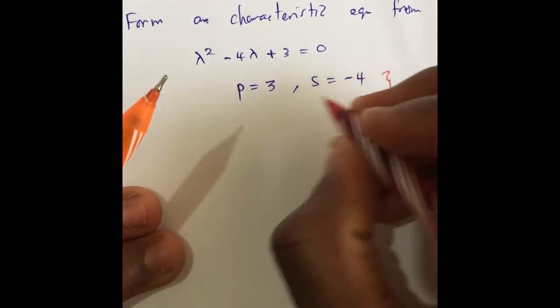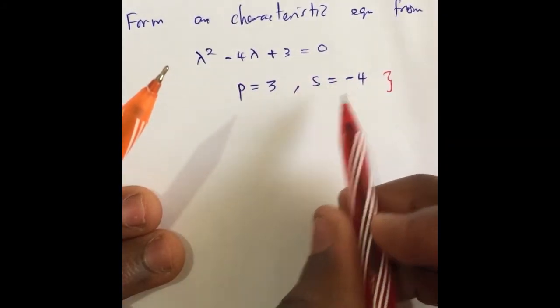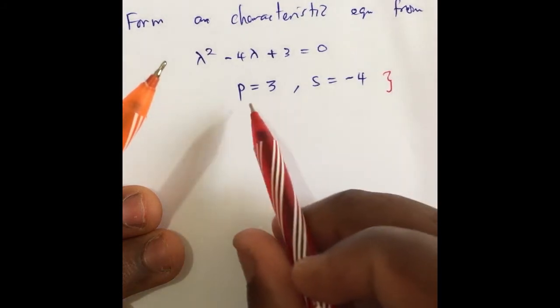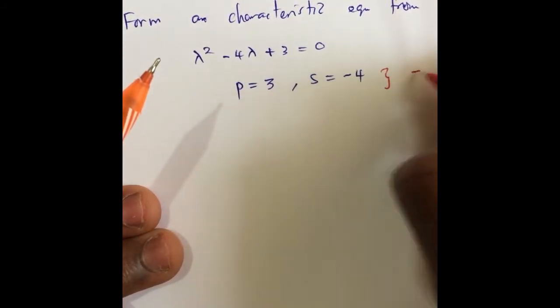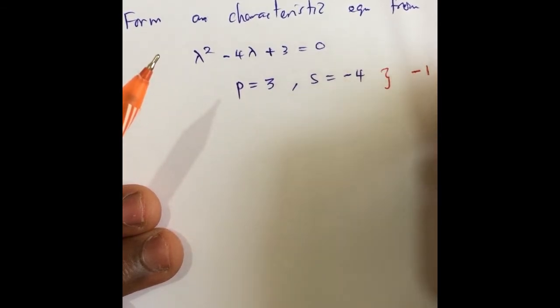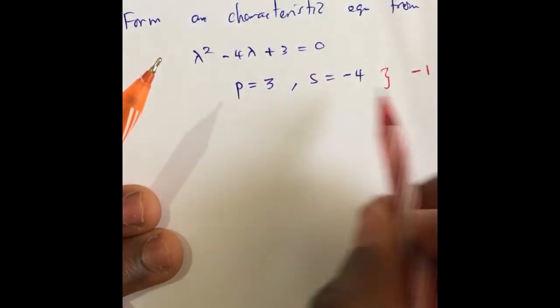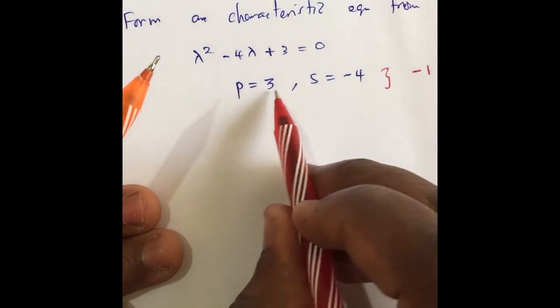I can say it's negative. Is it -1 and -3? Yes, it's -1 and -3, because the sum of that is -4 and the product is 3.